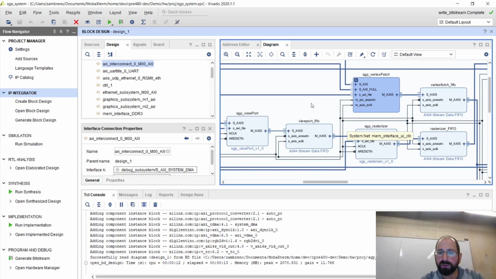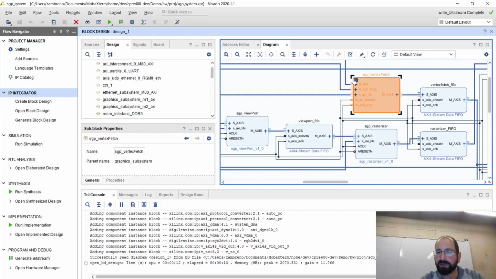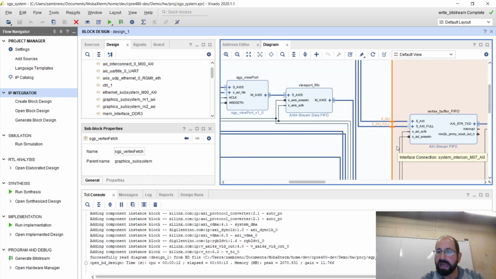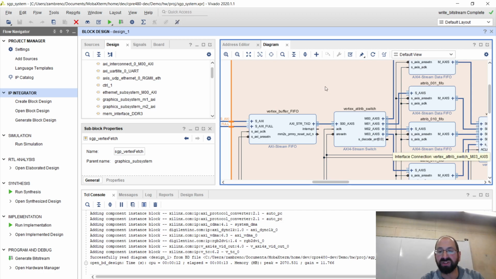so that's a FIFO, okay. Let me give a better example here. Oh, you have the Vertex Fetch module here, which has got a lot going on. It's oftentimes the case that your IP cores are going to have both. That's not at all unusual. Your IP core is going to need to do two things. It's going to have to request a block of memory from somewhere. That's very common. We're always copying blocks of memory around in our system to get stuff done.